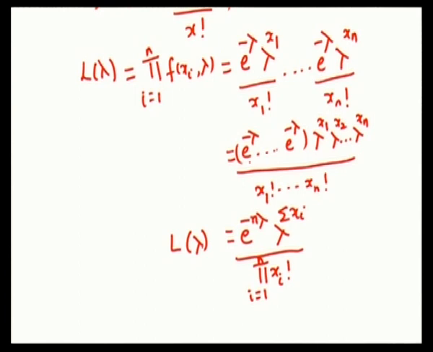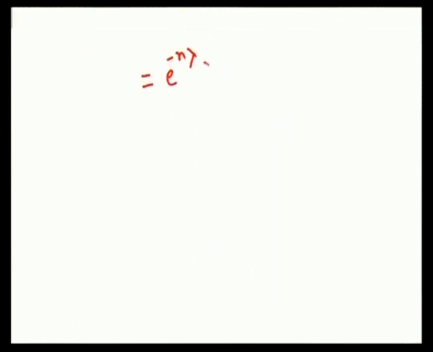So, here you have e power minus n lambda, lambda power summation xi, into one over the product of xi factorial, i equal to 1 to n, which is nothing but my L of lambda.